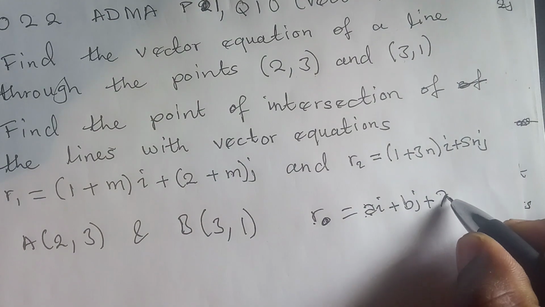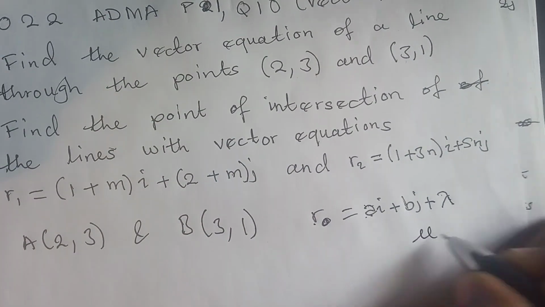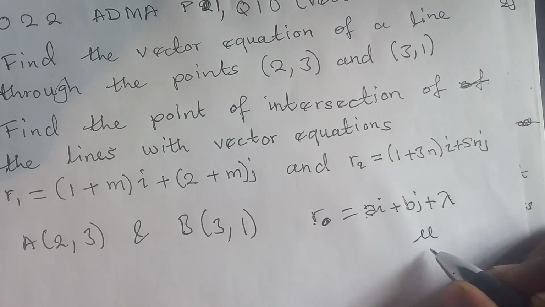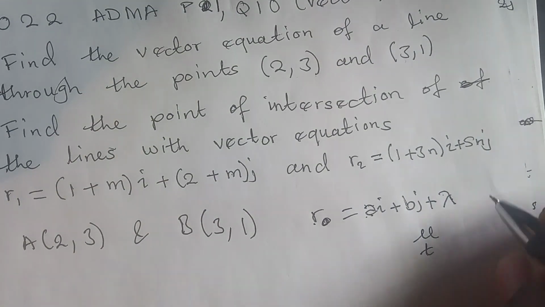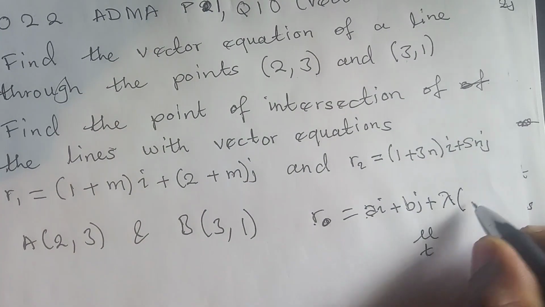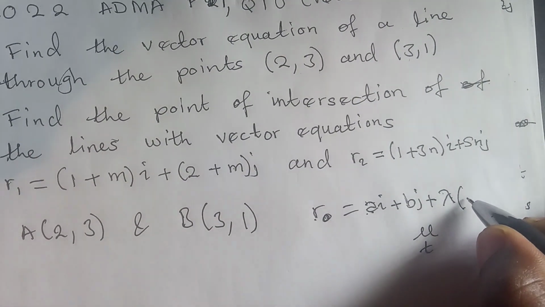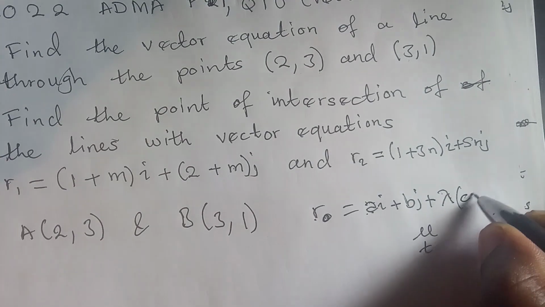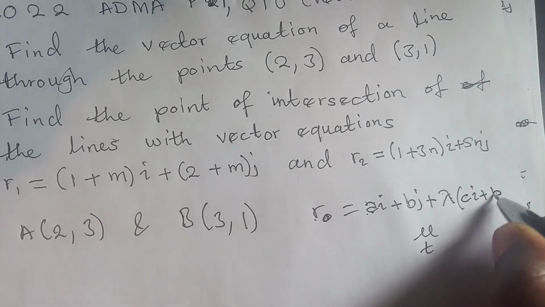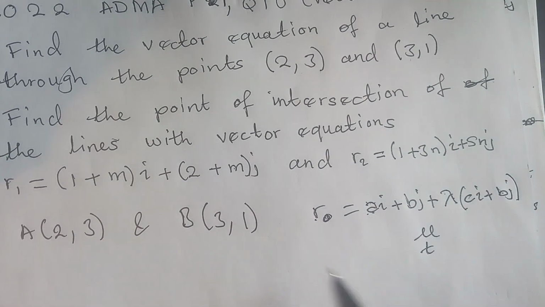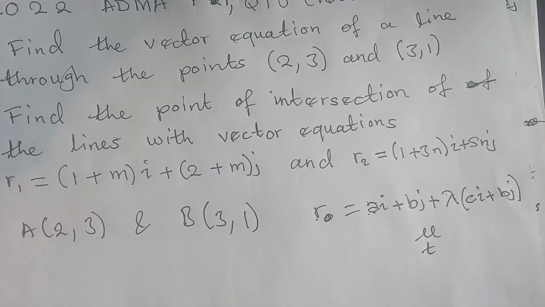In most cases we use lambda or mu or t, and then you can have the direction vector here. Let's say the direction vector is ci plus dj, then this will be your vector equation.